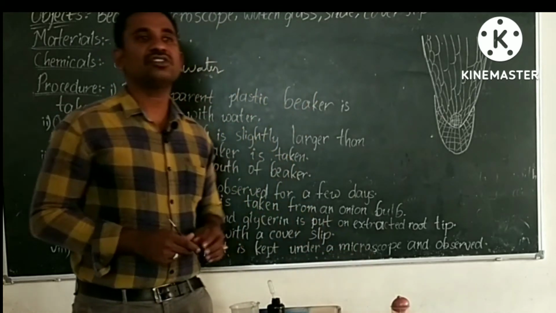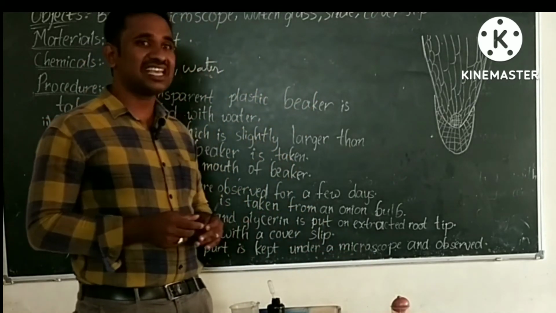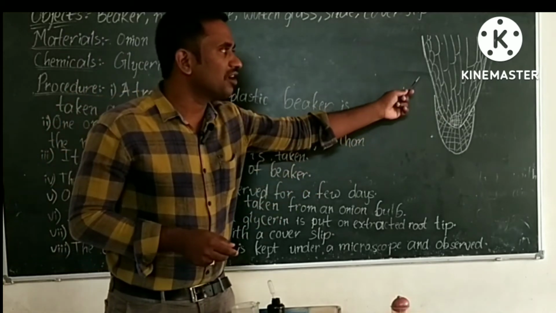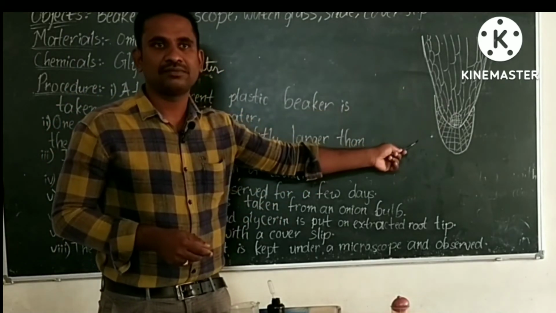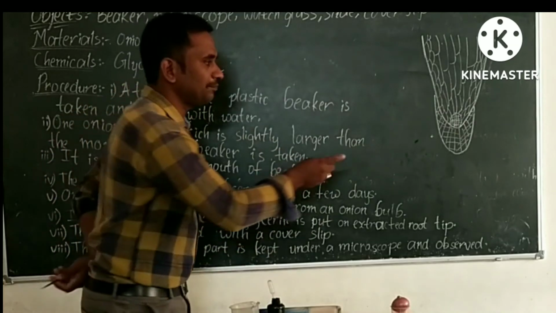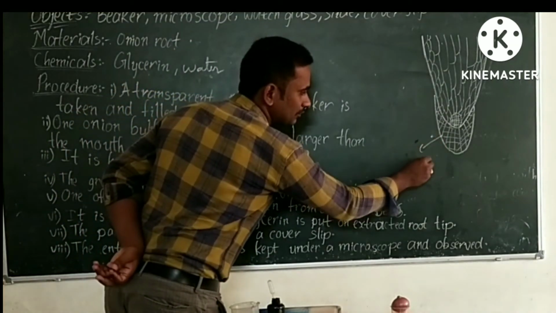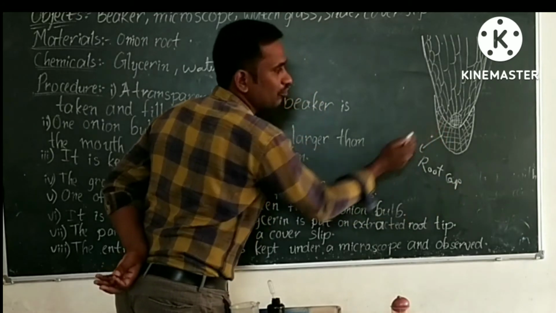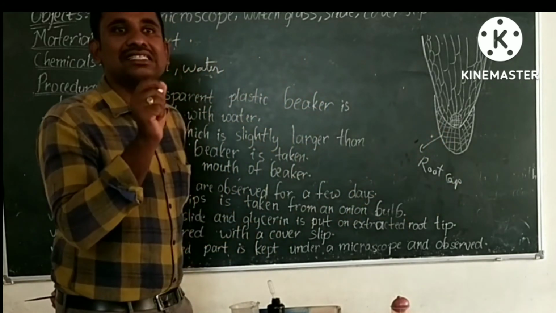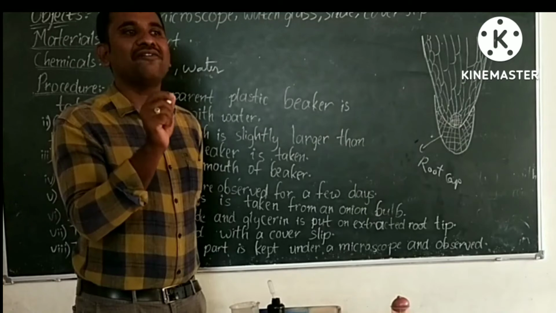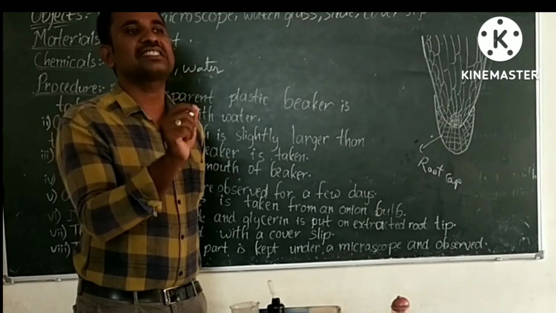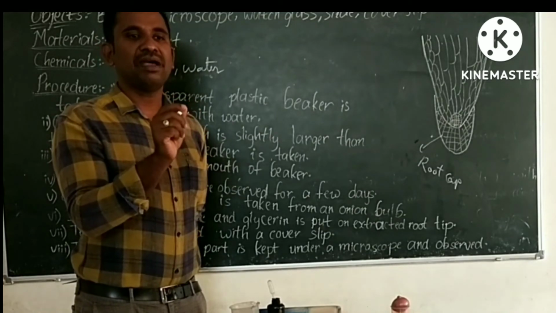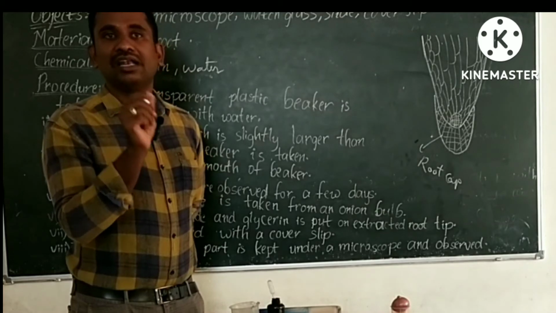If you observe under the microscope, we can see the structure of the onion root tip. It shows a root cap, and above the root cap we can see a region having thin membranous tissue.